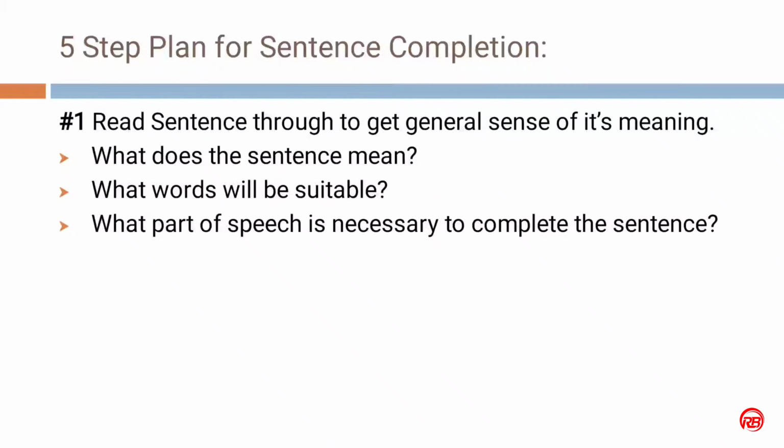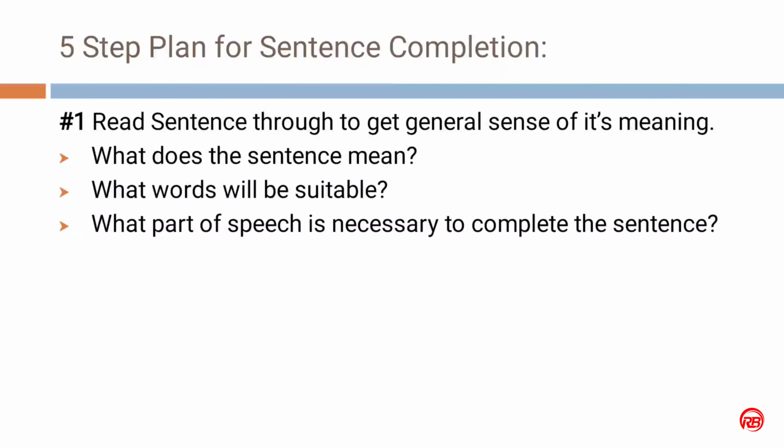And here I have given you a 5-step plan for sentence completion. The first one is read the sentence thoroughly to get a general sense of its meaning. What does the sentence mean? What words will be suitable? What part of speech is necessary to complete the sentence?